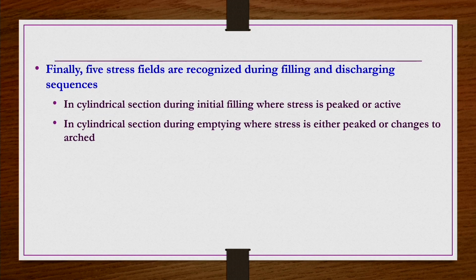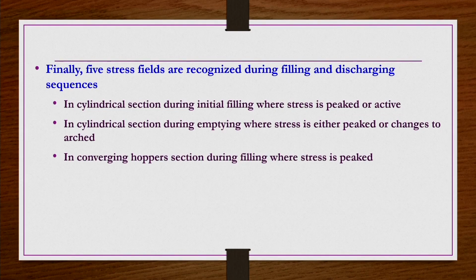Because of that, the switch over from active to passive takes place, so some of the peaks may not be active, but arced even in the cylindrical section while emptying the column, while drawing out the solids.